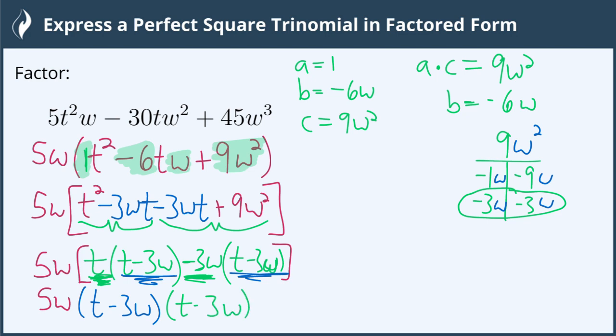Because we have t minus 3w twice in our answer, we'll write our final answer in this format. 5w times t minus 3w squared. And this is why the question says to express a perfect square trinomial in factored form, because our final answer has that perfect square.